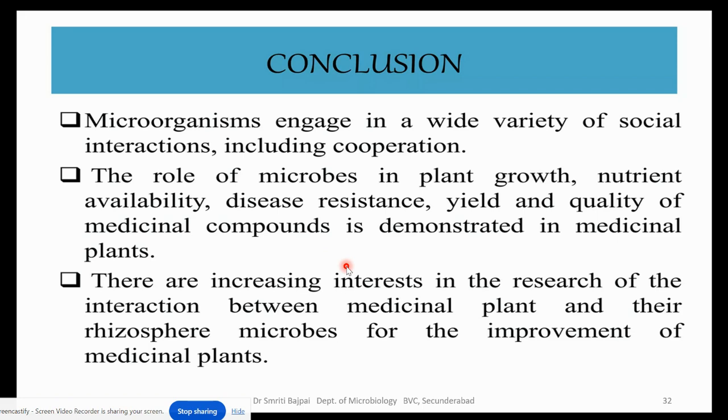These all show the significance of microbial interaction. In this presentation we have seen the different types of microbial interactions, how they are significant for each other, what their roles are, and some details on their structures also. Okay, thank you so much.